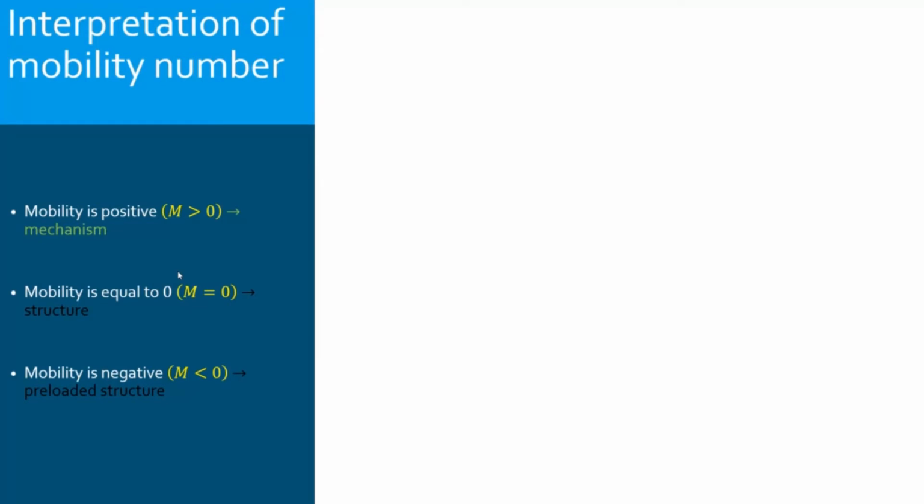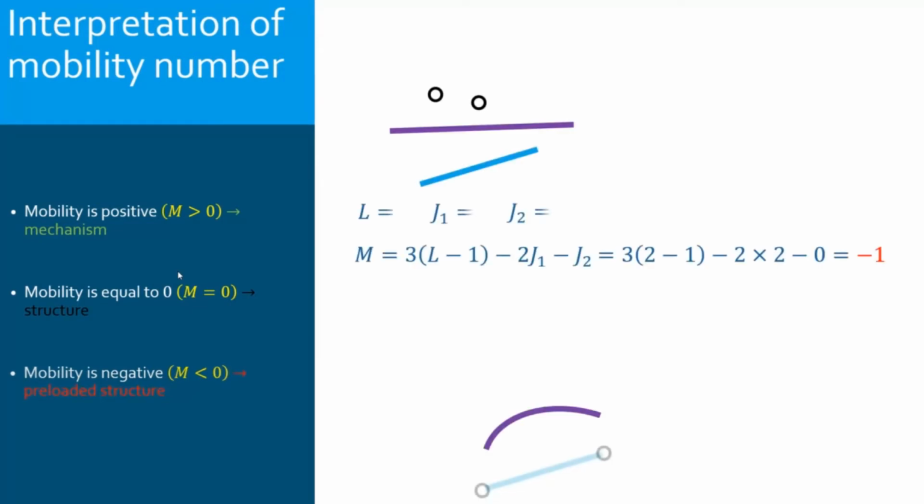I'm going to show this on some examples. Let's consider you have two bars and you want to connect them with two pin joints.